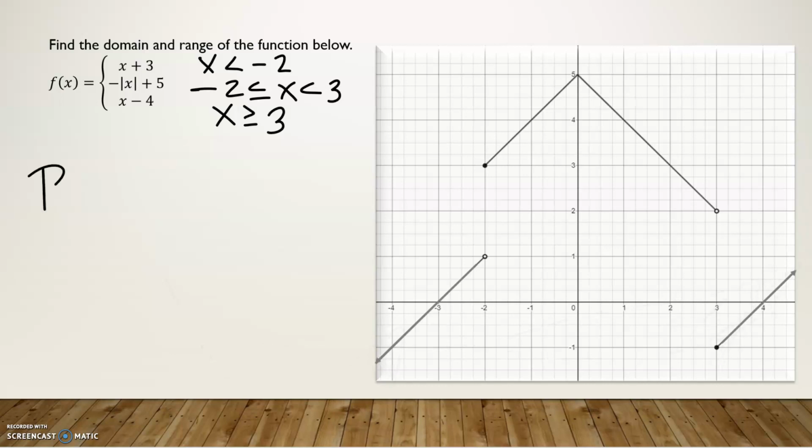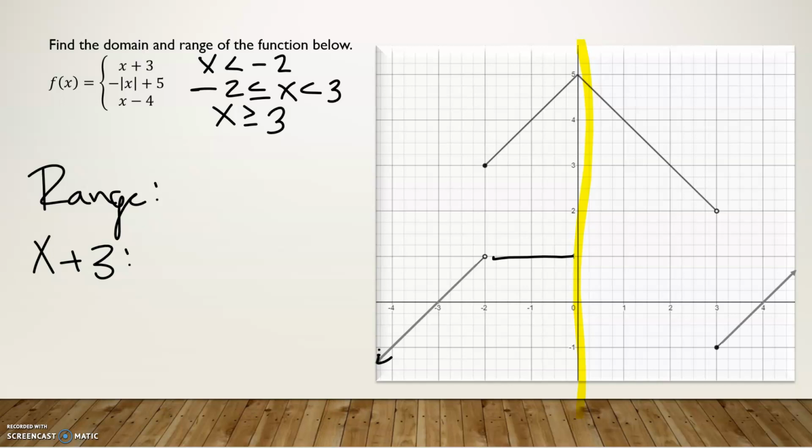Okay, and then let's look at the range for each one of these. So for the x plus 3, I need to look at my y values. This one is going in the negative y direction, keeps going down this way, and looks like it stops at 1 for y.